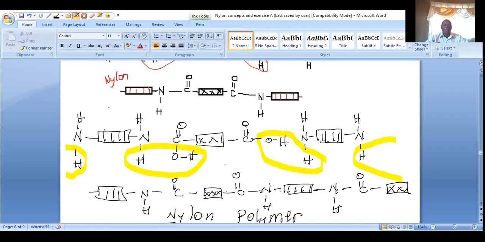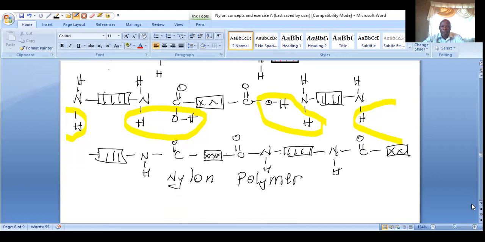So I was saying this process is known as condensation polymerization because we were removing water as a byproduct, as you can see from here. And so this one is associated with the diamine, the amide linkage.